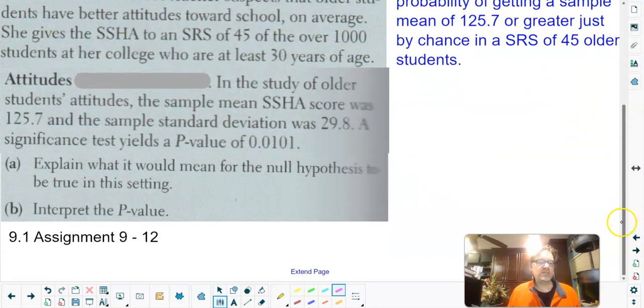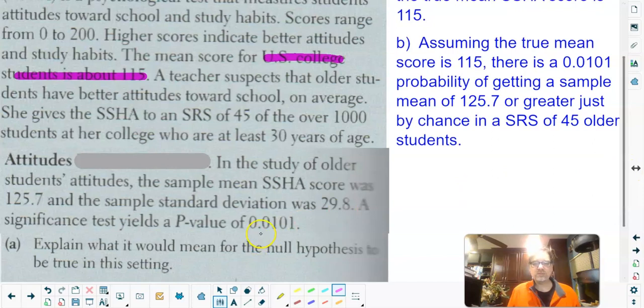Then part B says interpret the p-value. Interpret this 0.0101. Well, this is the probability that a student would get that score.